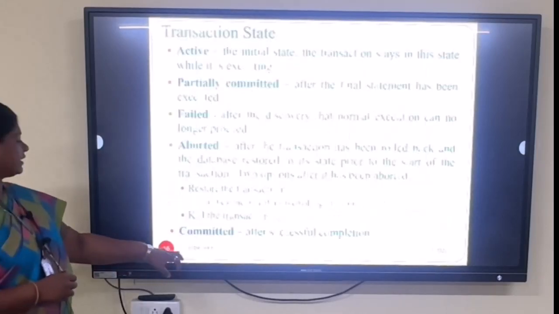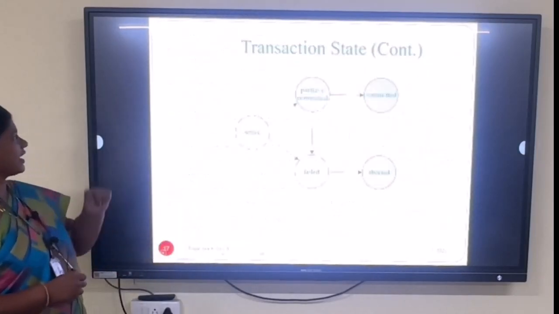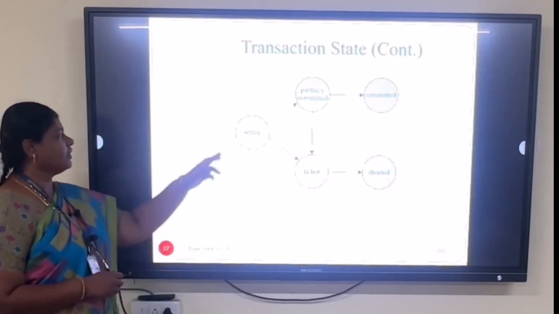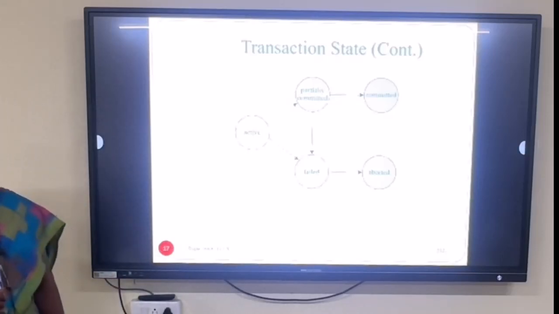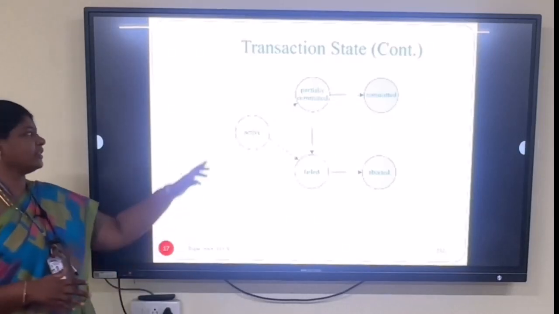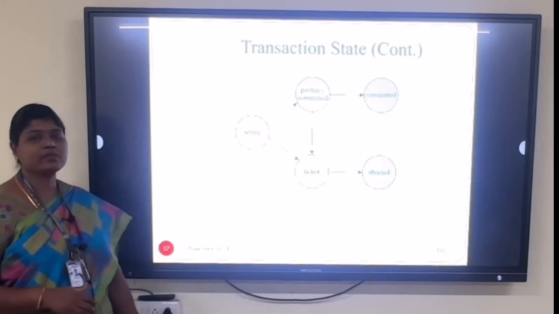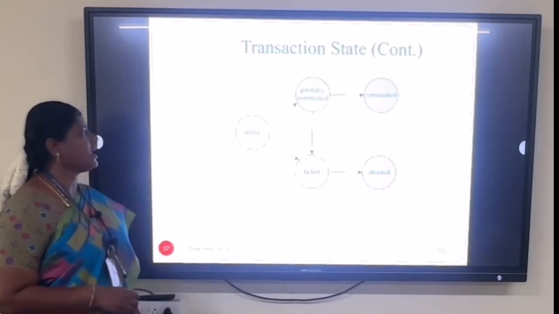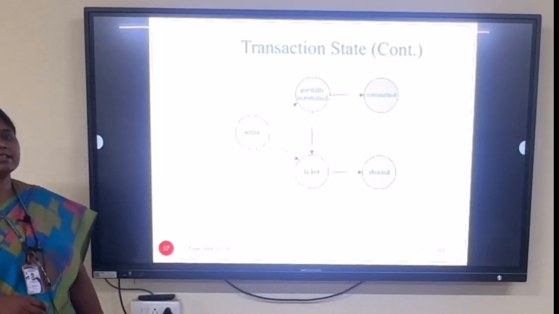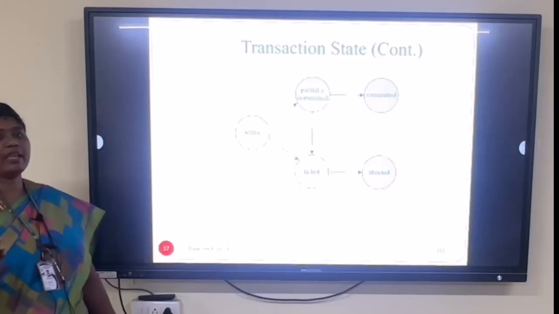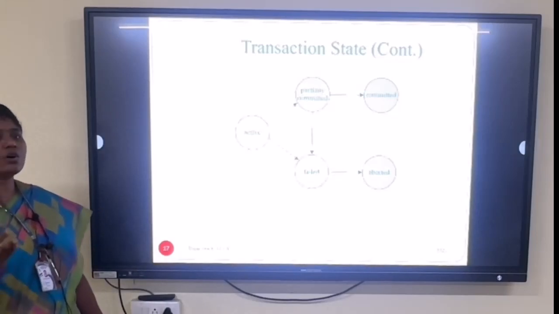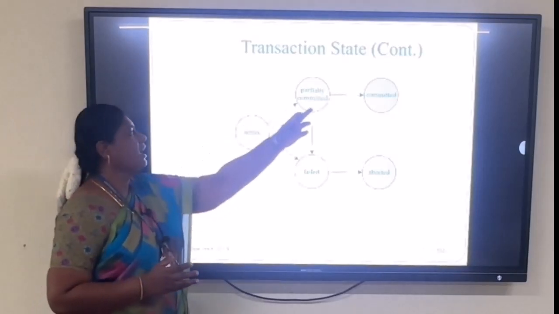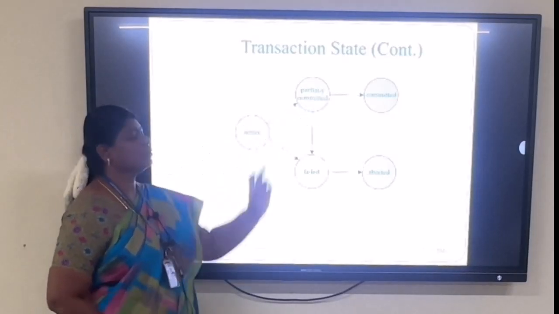Next is the transaction state. With this diagram it is easy to see what the transaction states are. First is the active state, when the transaction starts. Then it goes to either the partially committed or the failed state. Partially committed means the transaction is in the completion stage and is going to complete, and after this state it goes to committed.